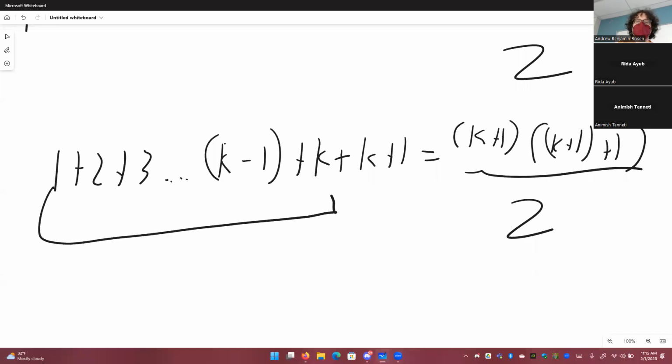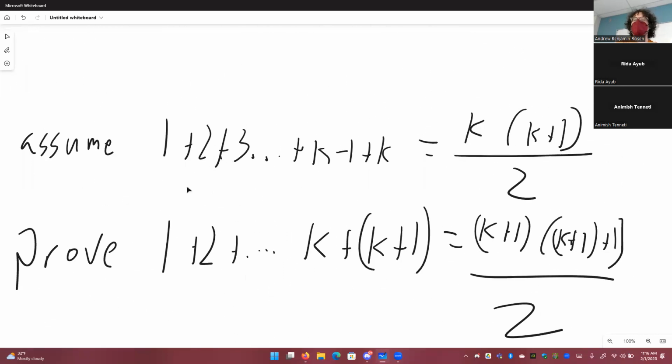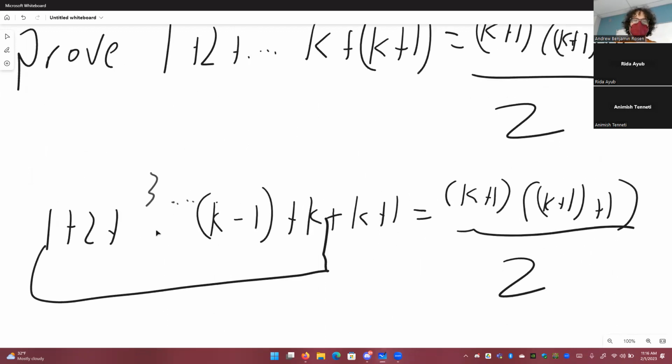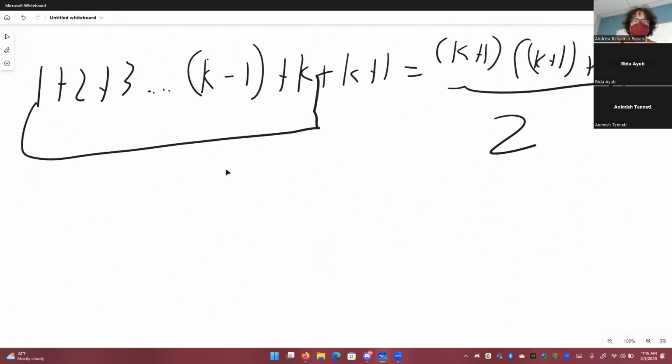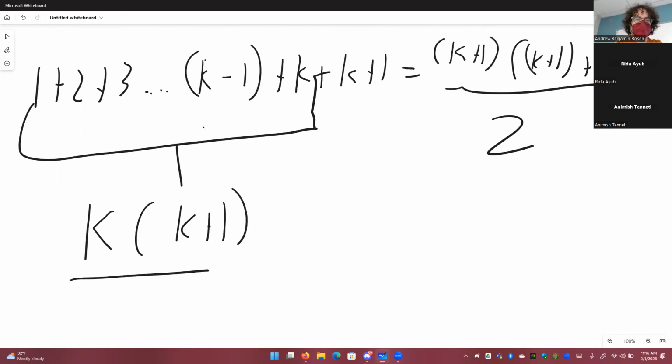The trick is this. We've already stated in our assumptions that this works. We assume that this works. So if that works, then we can replace that with the other side of the equation. We can replace this with k times k plus 1 over 2.